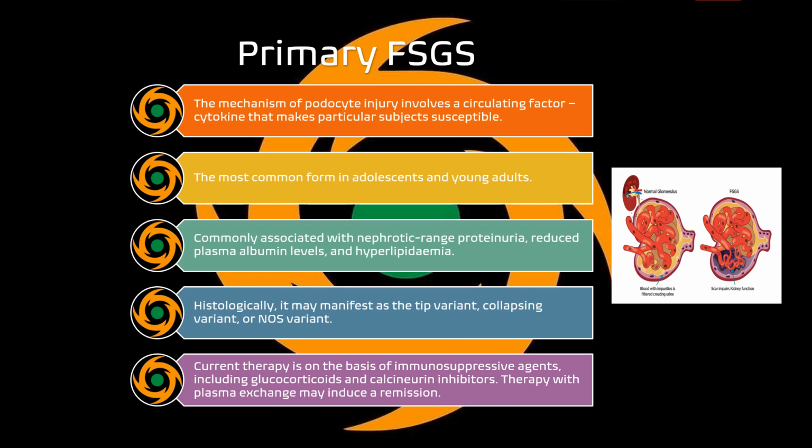The most common form is unfortunately quite common in adolescence and young adults, and commonly associated with nephrotic syndrome or nephrotic range, where the disease is linked with protein leaking or proteinuria, reduced plasma albumin levels, and other predisposition aspects as well.